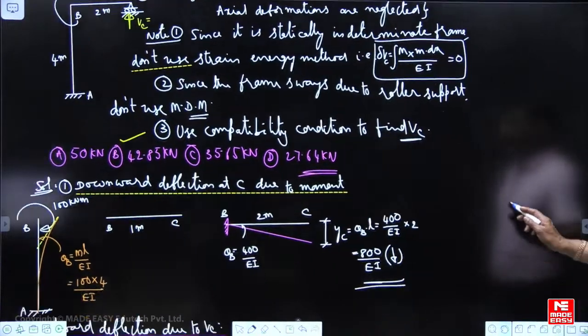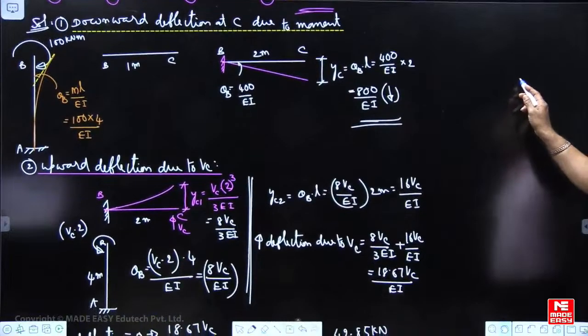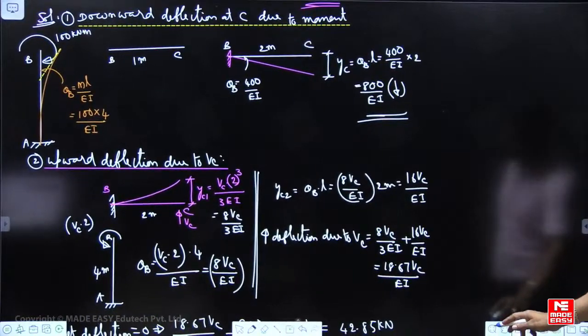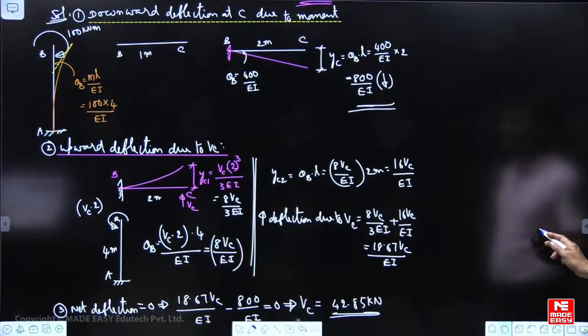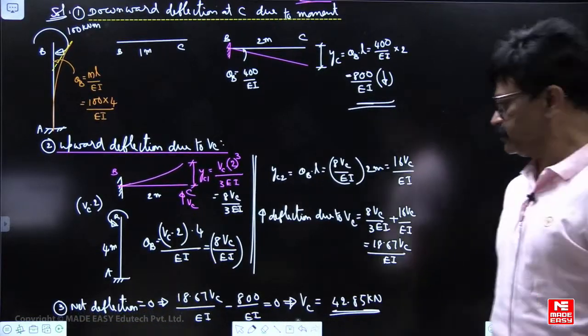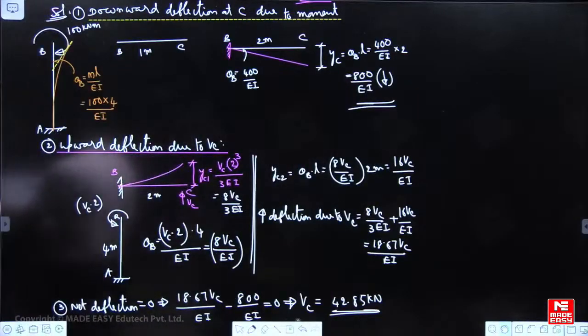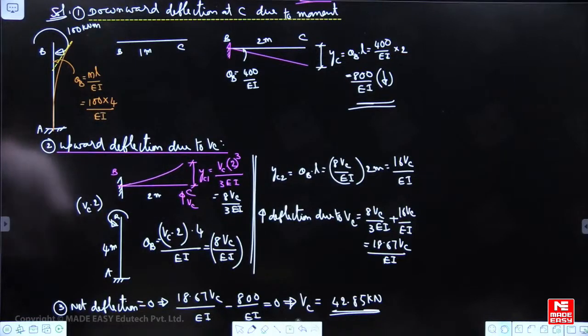This rough work I have shown, whatever way you have studied, that we can use. This is the solution. Yeah, but already most of you got Rohit Patel, Naidu, 42.85, already got that result.